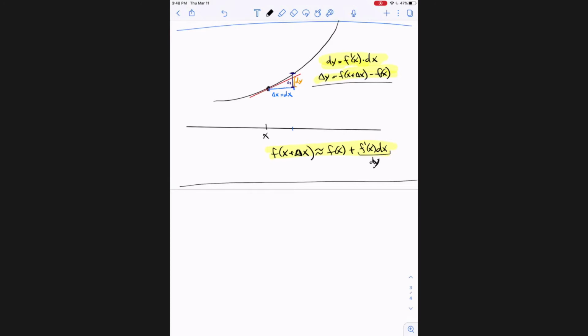So A, find the differential dy, and B, evaluate dy for the given x and dx.